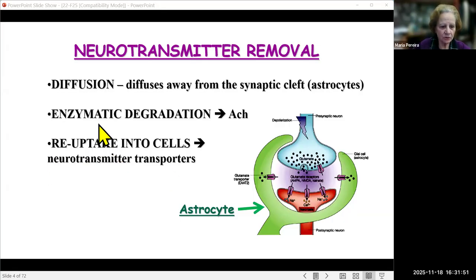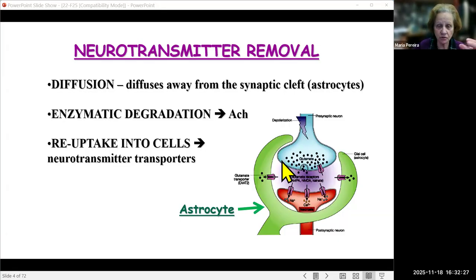Okay, so the reuptake into cells. We talked about the neurotransmitters, the transporters for dopamine, for norepinephrine, and so on. Here you see a glutamate transporter that brings glutamate into the astrocyte. But you could have other types of transporters on the presynaptic neuron, and this would bring dopamine inside, or norepinephrine, and serotonin also can be taken up by their specific transporters.